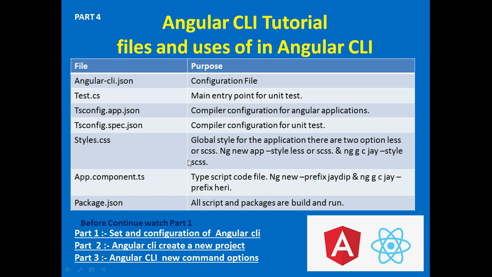Now you can change from less to CSS in a specific component, and we will discuss components in the next video. But here is how the style is changed in a component.